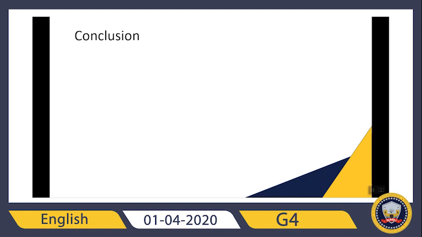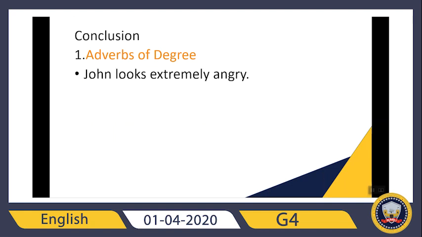In conclusion, let's have a deep conclusion about what we've learned in this lesson. We have the adverbs of degree. John looks extremely angry. Angry is an adjective. So how does John look? He looks extremely angry.